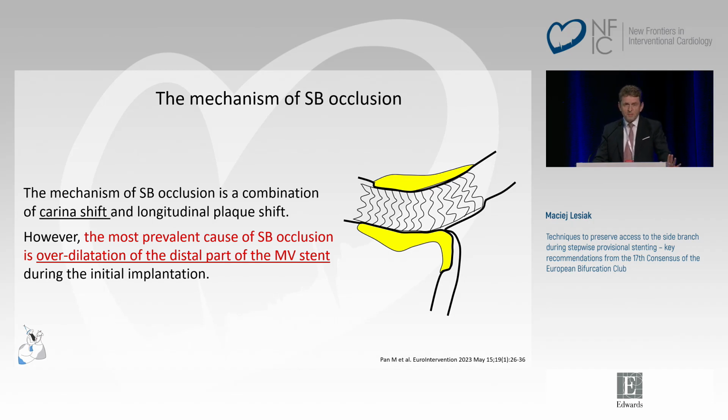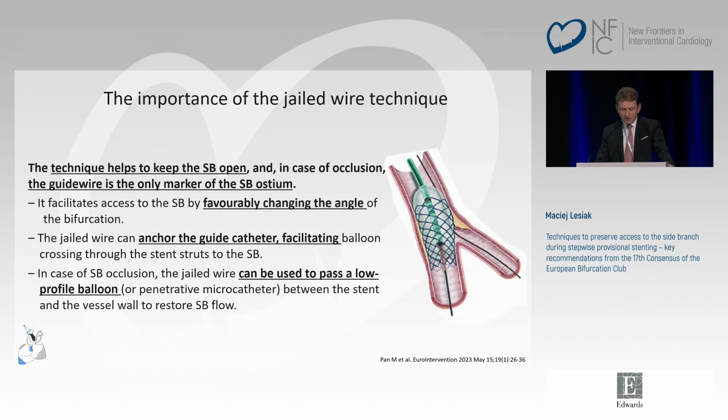So we should keep in mind that the most prevalent cause of side branch occlusion is this oversizing of the main vessel stent. So what to do to prevent losing a side branch? Very easy. Just drop the wire down the side branch and keep it there all the time during the procedure.